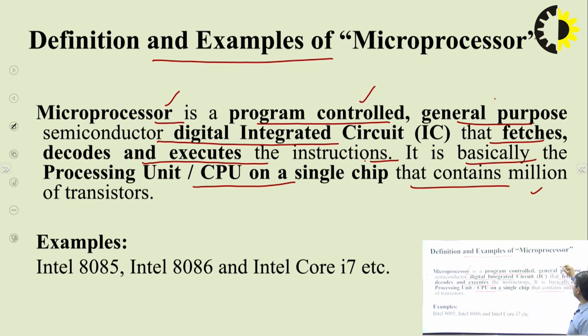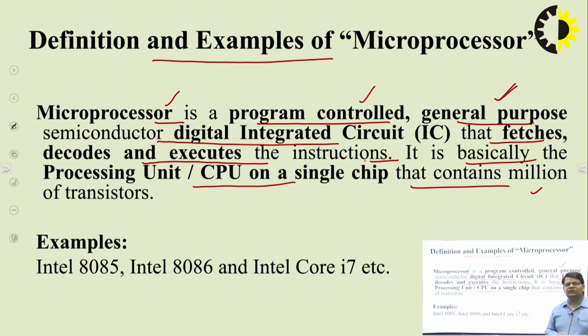Next is, it is a general purpose IC. Basically the ICs are categorized into application specific or general purpose IC. Application specific is for a particular task or dedicated application only, whereas a general purpose IC can be used for multiple tasks or can be used for performing a number of tasks simultaneously.